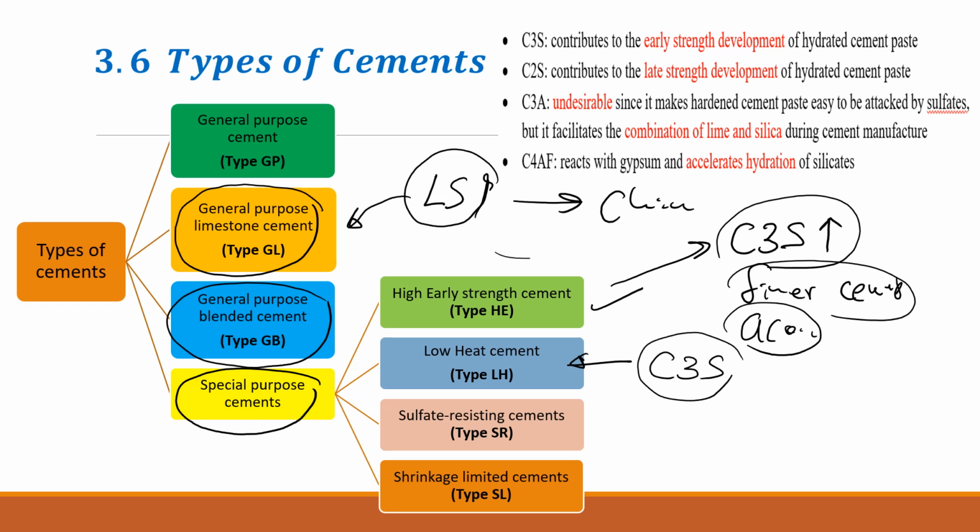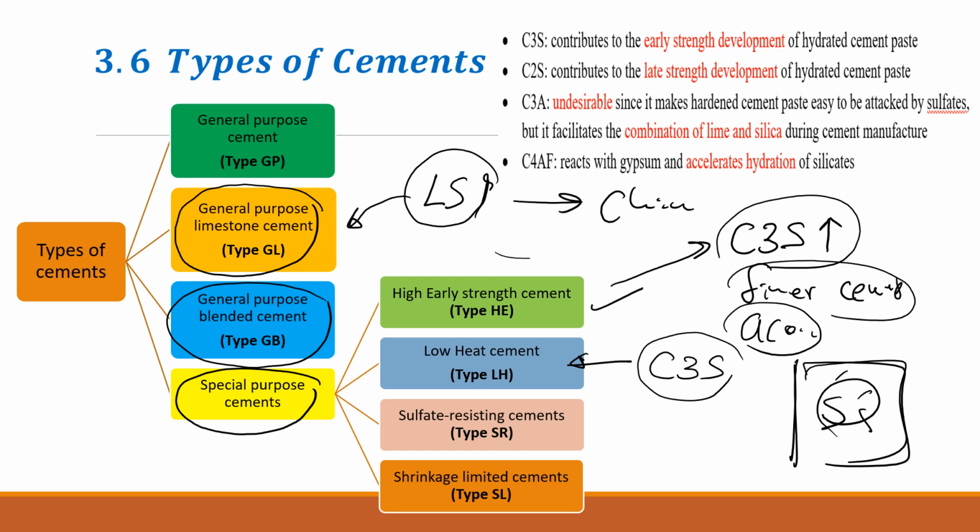Sometimes, when we have a massive concrete, for example a dam, especially the outer surface of the dam gets hardened quicker, but inside you have the wet concrete. So it contracts when it hardens. So we have these thermal expansions and contractions, and due to that the concrete will crack.